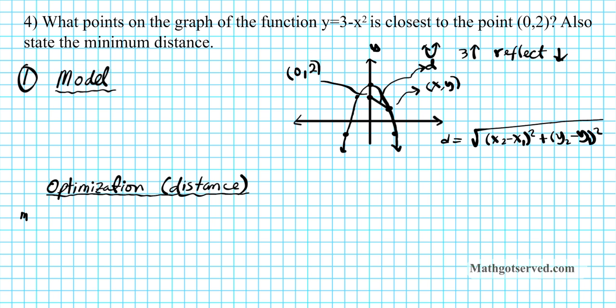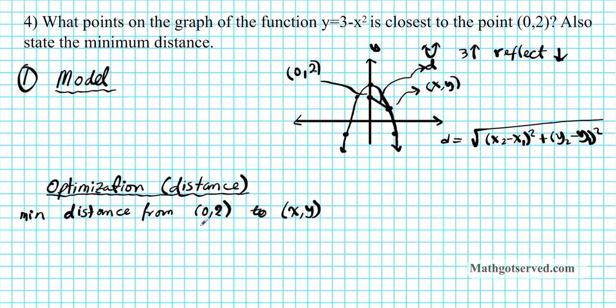Okay, so we're going to minimize distance. Distance from where to where? Distance from the point (0, 2) to any point (x, y) on the curve. All right, so now what we're going to do is determine what x1 and y1 are and x2 and y2.